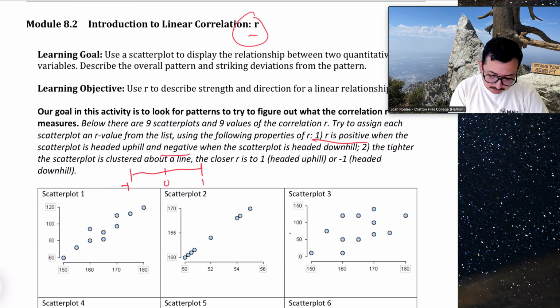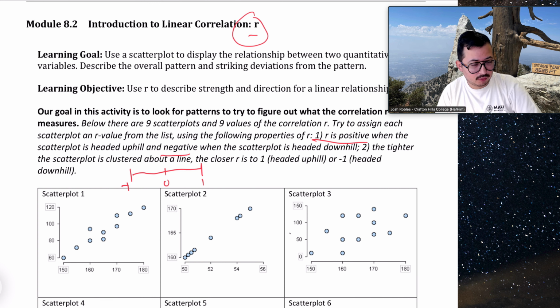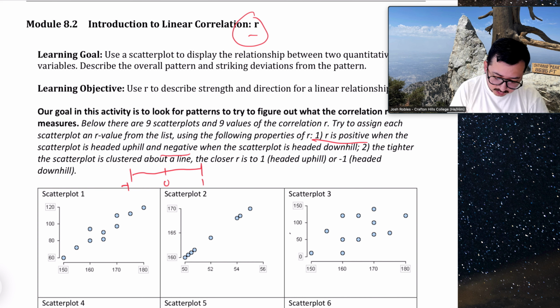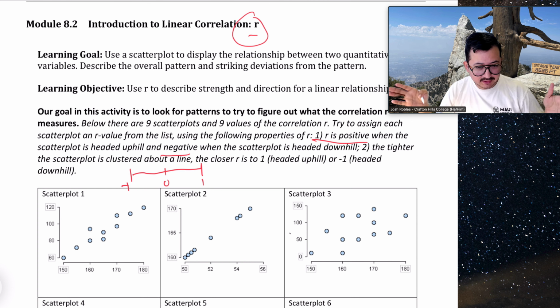Which would be a stronger correlation? Normally we're looking for stronger patterns, and that would be when you're closer to the ends of this range, -1 and 1. The middle means very little pattern.